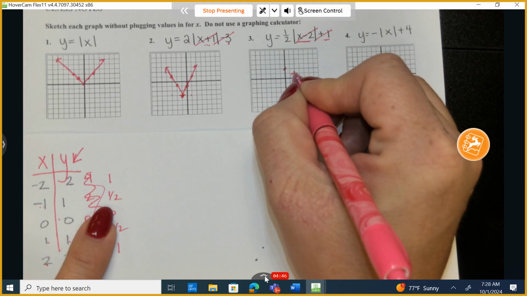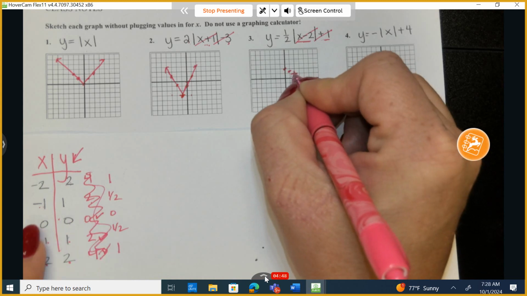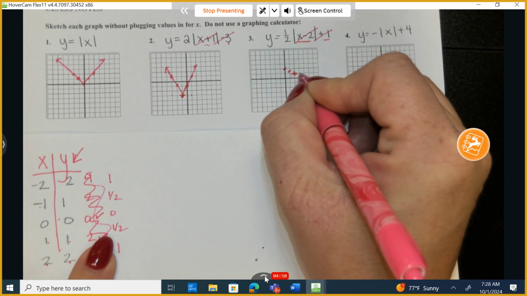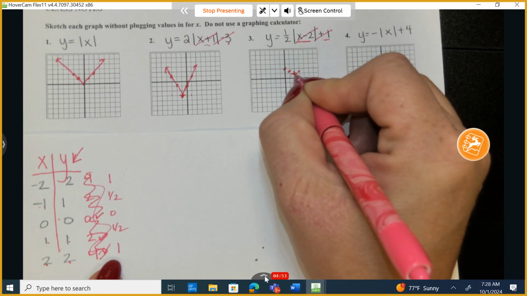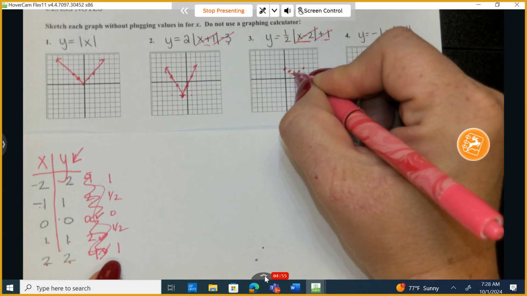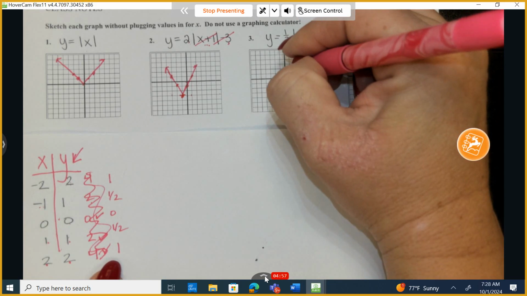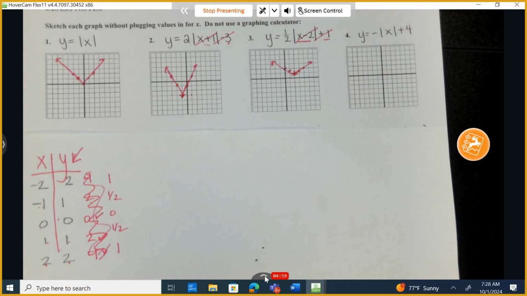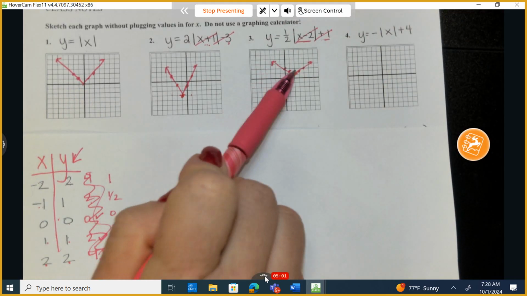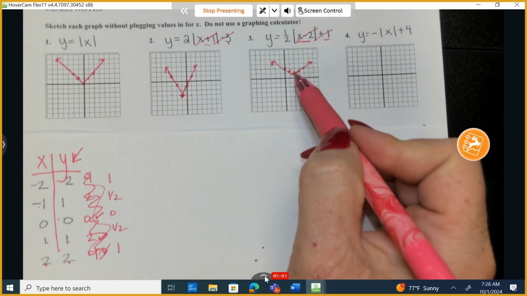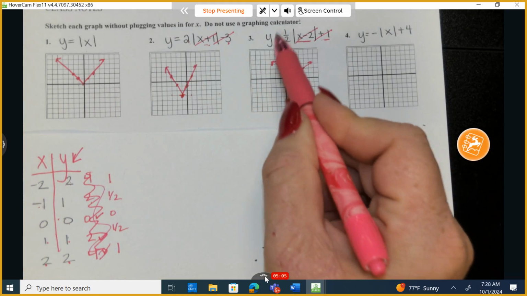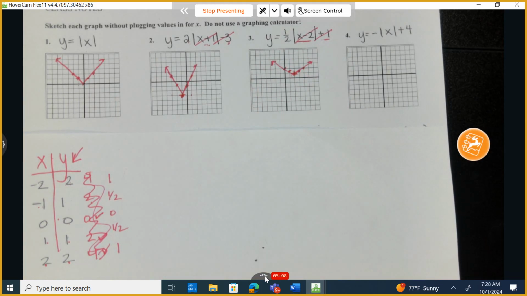Left 1, up 1/2. Right 1, up 1/2. Right 2, up 1. And we see, if we compare it back to the parent function, how it rises at a slower pace. In fact, it's vertically compressed by a factor of 1/2.